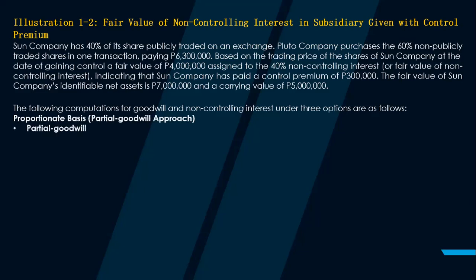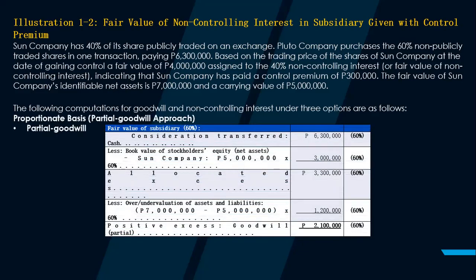Proportionate basis partial goodwill approach. So for the partial goodwill, we have now the consideration transferred 6.3 million, book value of stockholders' equity or net assets equal to 60% of 5 million. That's the carrying value of the net assets. So 3 million, we have the difference of 3.3 million, the allocated excess.